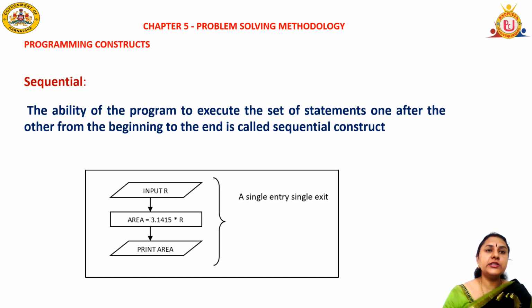Means the execution of the statements will take place one after the other. Example is given here: first input, process and output. So one single entry and one single exit.